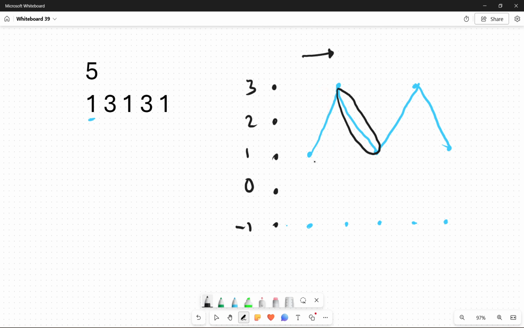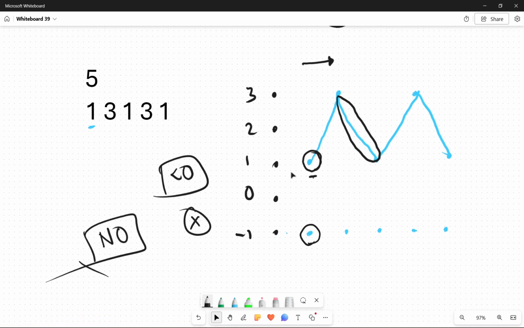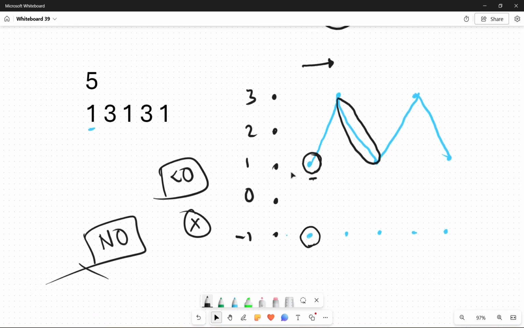But can I take this element down by 2? Absolutely not. It will reach minus 1, which is less than 0. So in this case, answer will be no. A big red no. Okay, that's black anyways. So that's why answer for this test case is no.